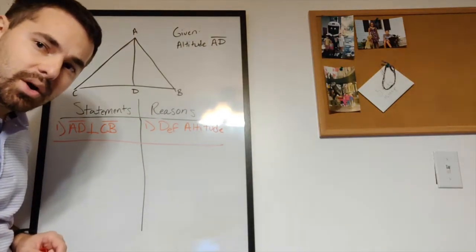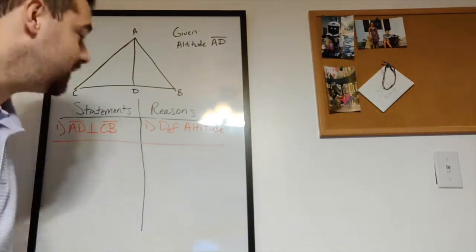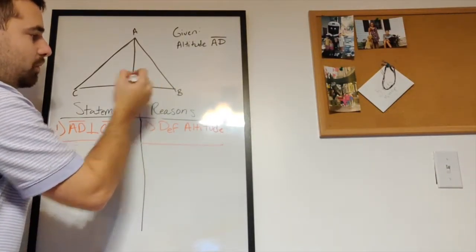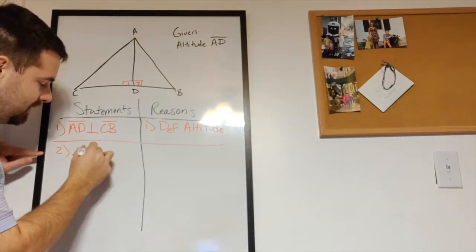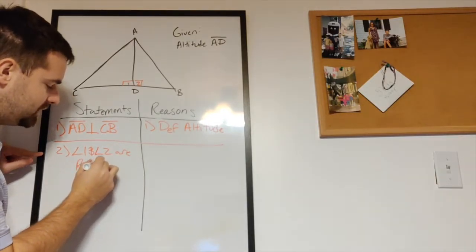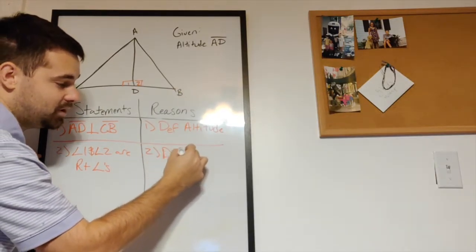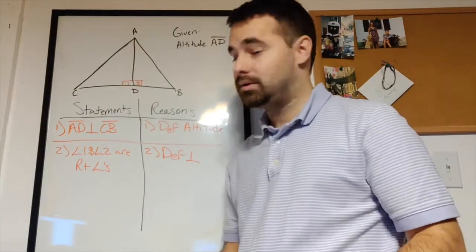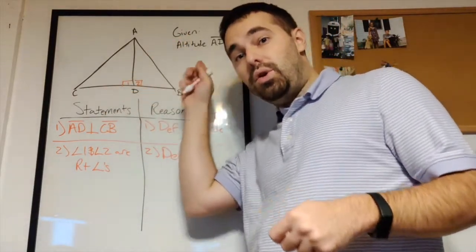But we actually know something about perpendicular lines. We know perpendicular lines form right angles. So we've got two boxes we can put in and label them 1 and 2. Angle 1 and angle 2 are right angles. And that is by the definition of perpendicular. Perpendicular lines form those right angles. So we got the right angles from the perpendicular lines, which we knew from the altitude.